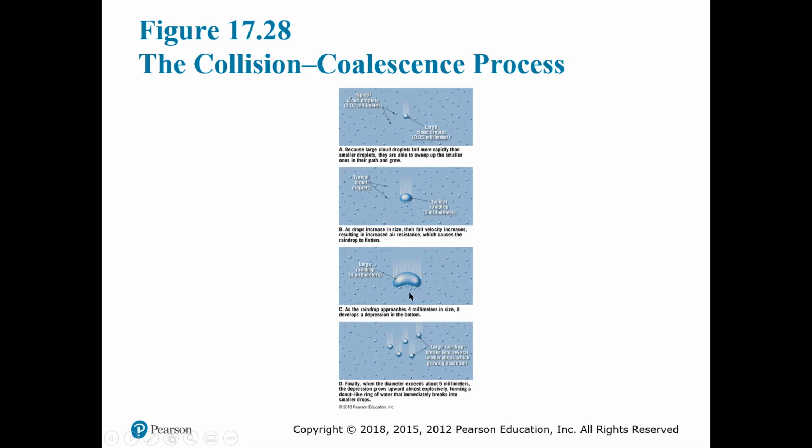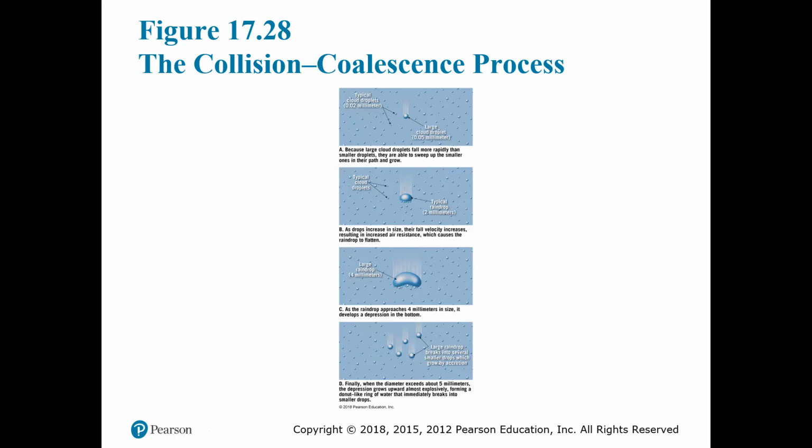Okay. As it approaches about 4 millimeters in size, it develops this little depression, and as it continues to grow larger, about 5 millimeters, the depression continues to grow and it splits into several more raindrops. And then those grow, and the process essentially just keeps going over and over again.